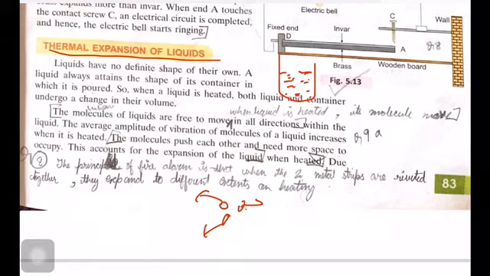So due to this, the amplitude of vibrations of molecules increases, they keep on vibrating at a very high speed and they push each other, due to which there is expansion in their volume when they are being heated. So it also expands because of the increase in their movement in all directions.